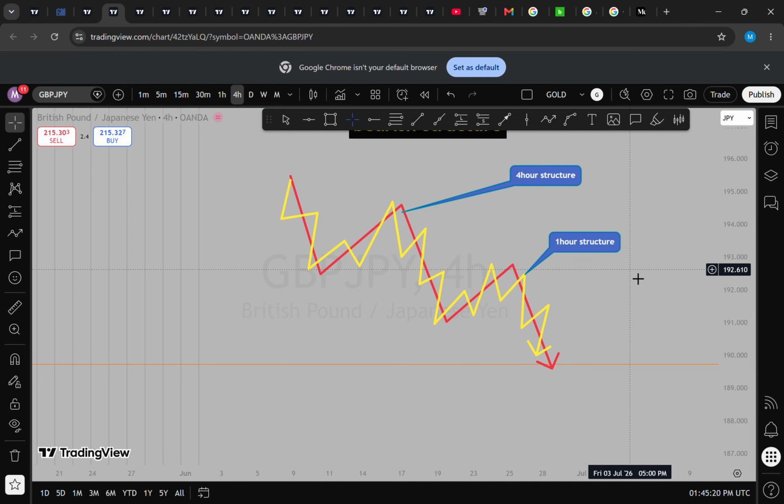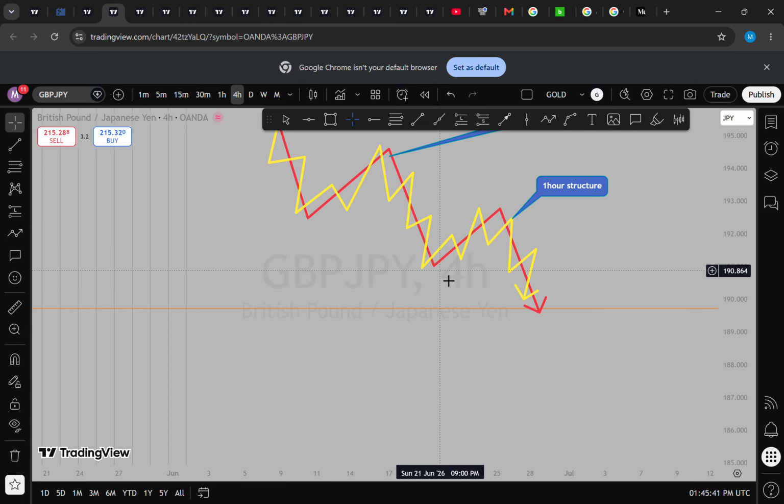And what is the importance of major structure? It helps you to identify the major range, so that you won't be trading a minor structure and thinking you are okay. In this case, if you're on 4 hour, you know that this is a retracement on 4 hour.